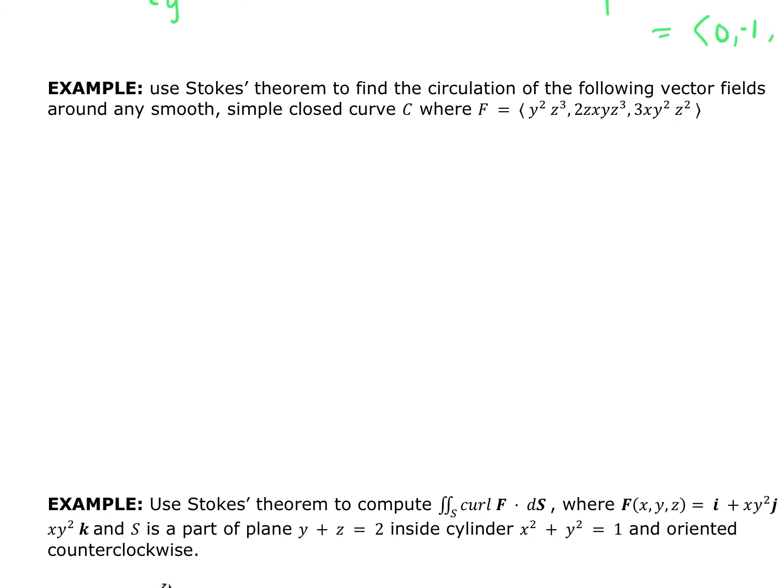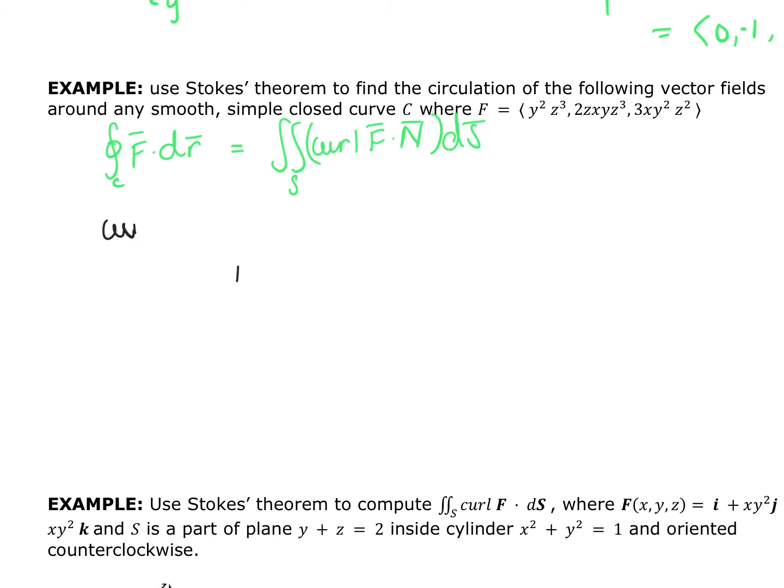So I know I'm using this circulation of f dotted with dr, which we know is the surface integral over S of the curl of f dotted with the normal n ds.